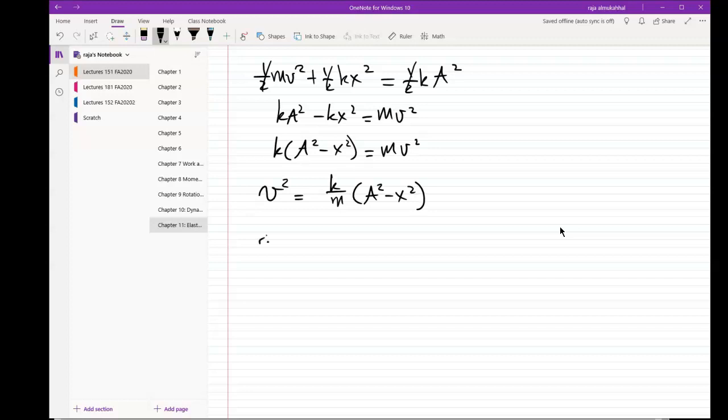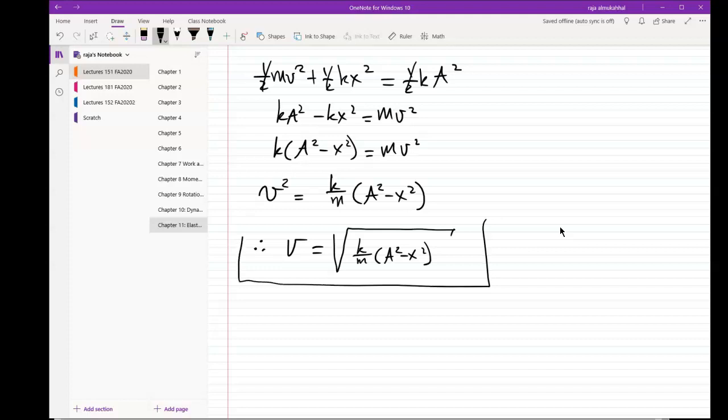And therefore, v is equal to the square root of k over m times a squared minus x squared, right? And there we go. This is the velocity of the oscillating mass at any arbitrary position.